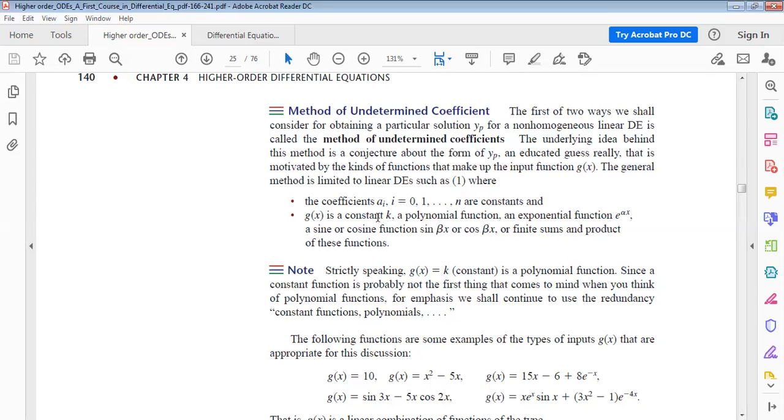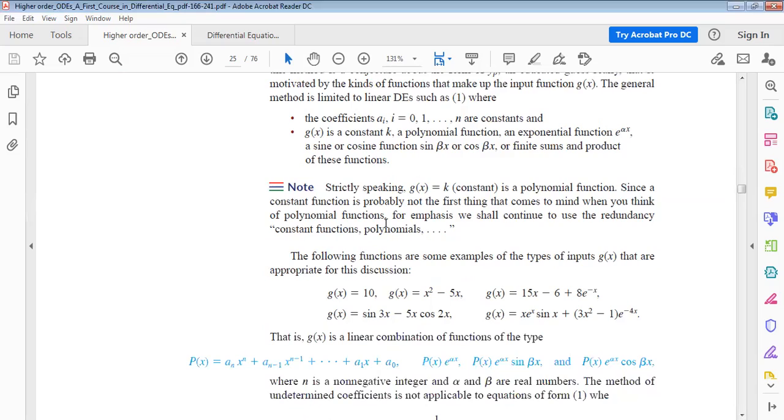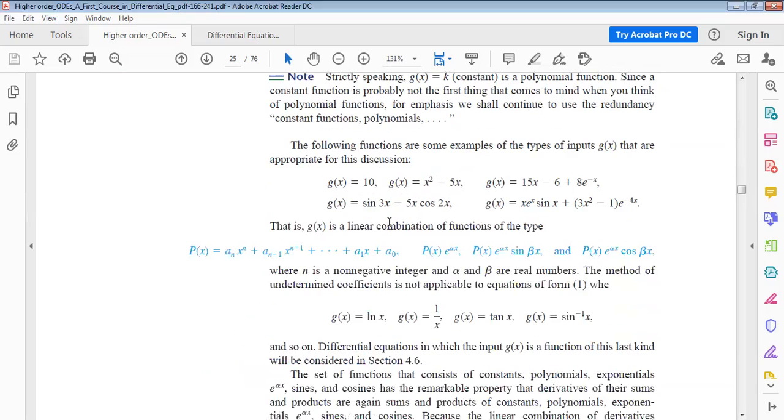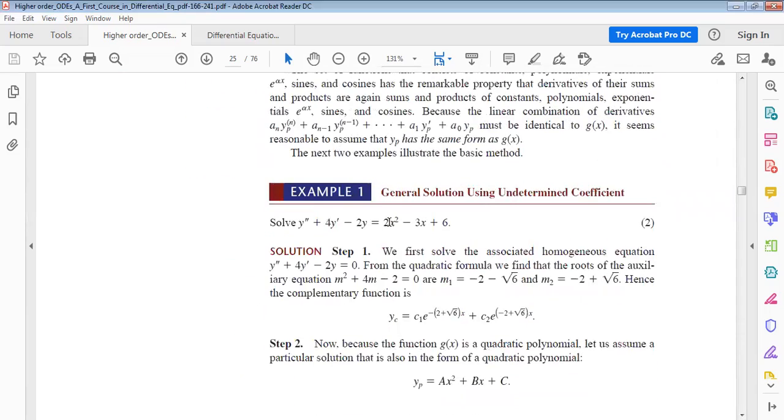So if g of x in the non-homogeneous linear differential equation can be formed like this, then we can solve it with the undetermined coefficients method.